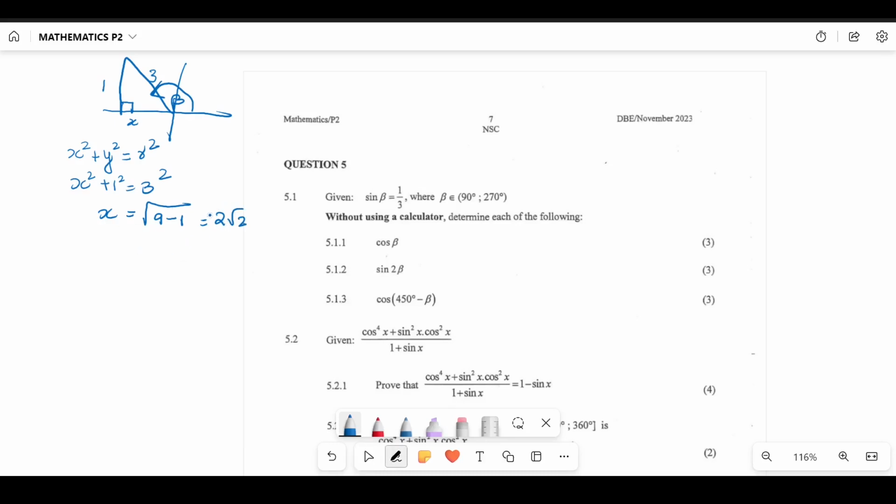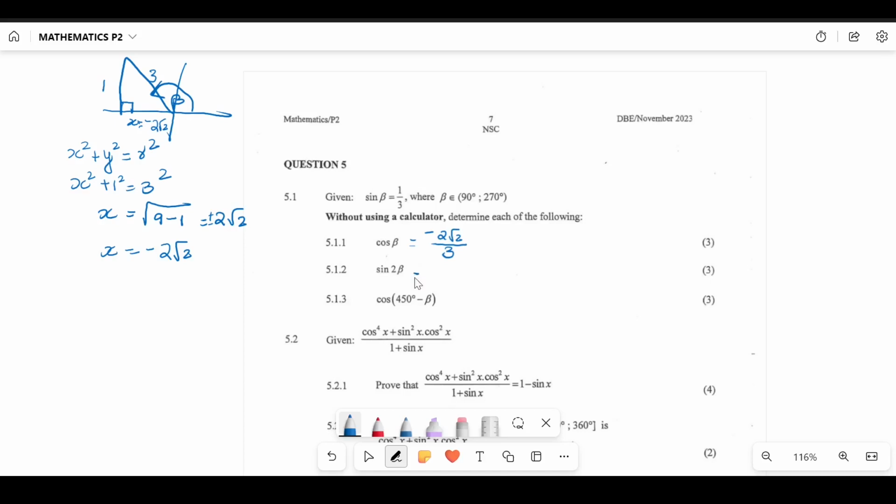But it's plus or minus 2 root 2. You choose negative 2 root 2 because we are in the second quadrant. So here x is equal to negative 2 root 2. Therefore cos beta is adjacent over hypotenuse, so it's negative 2 root 2 over 3.